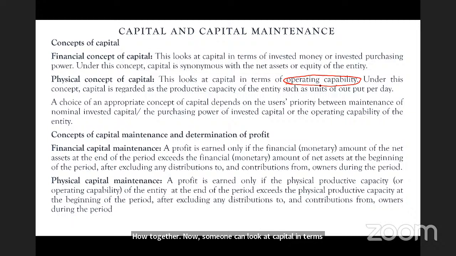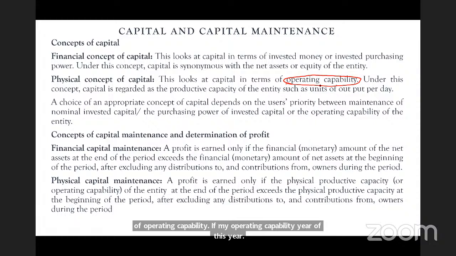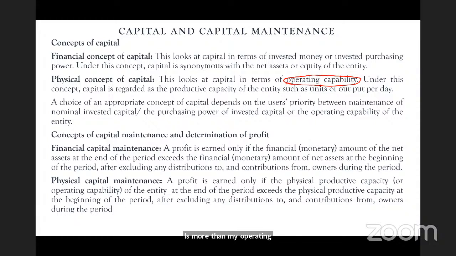If my operating capability at the end of this year is more than my operating capability at the beginning of the year, then it means that somewhere, somehow, I have made a profit. If the owners did not include anything more in that business. I don't know if it actually makes sense.